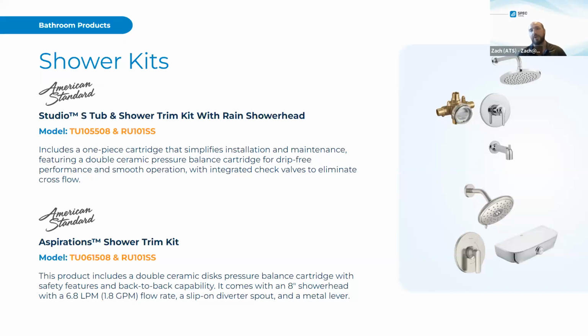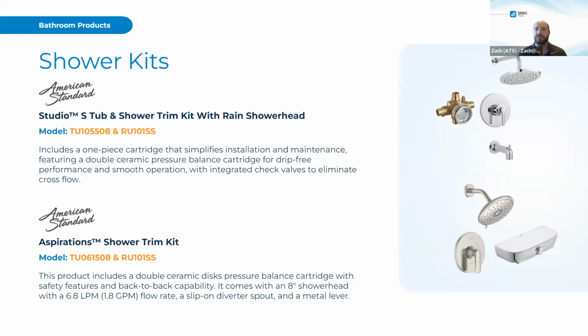Are you looking for a tub or is it a shower only? Because that's going to determine your components. One thing that's great with the American Standard product line is that the trim is very interchangeable while your valve remains consistent. So that RU101, and we've included the SS for service stops, which allows for a quick shutoff should there be any need for maintenance.